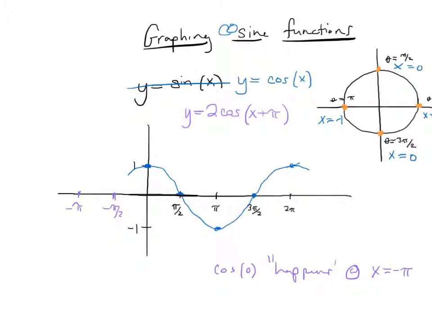So again, happens is in quotes. In other words, we are moving this point to the left pi and then stretching it by a factor of 2.